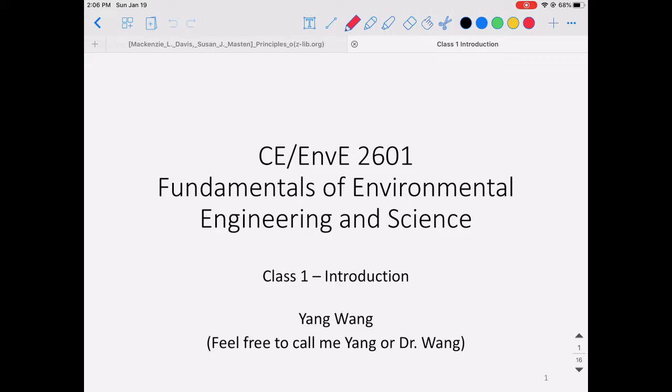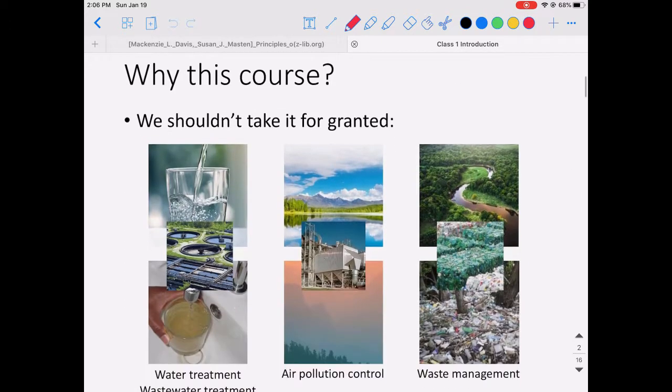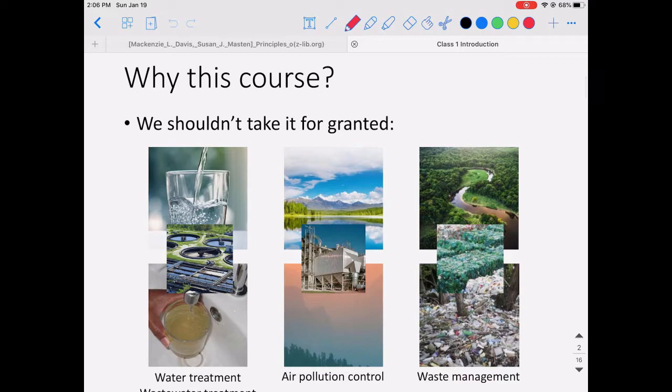Okay, so before we talk about some contents of this class, we'll just go over a brief overview of this class. So mainly it's about why are you taking this class, okay? So some of you might say that this is a prerequisite for a lot of my other classes on the way of your environmental engineering degree, right?